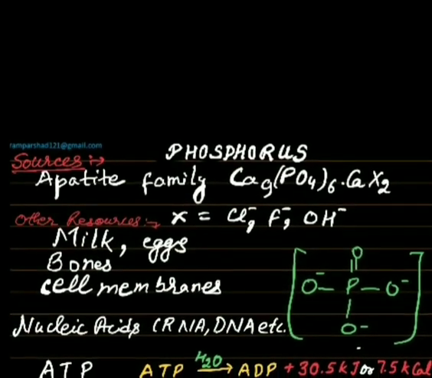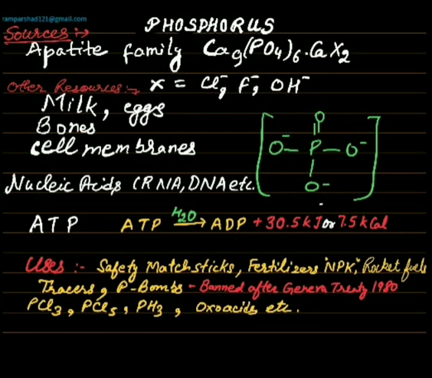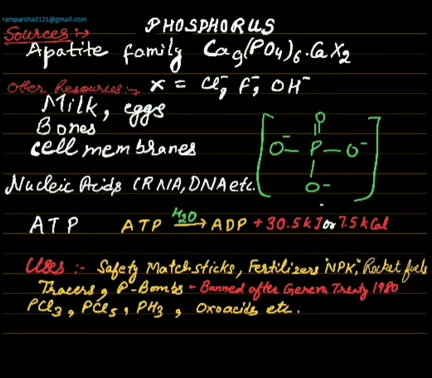If it is chlorine, we call the crystal calcium chloroapatite. If it is fluorine, we call it calcium fluoroapatite. And if it is hydroxyl, as the constituent of our enamel, we call it calcium hydroxyapatite.